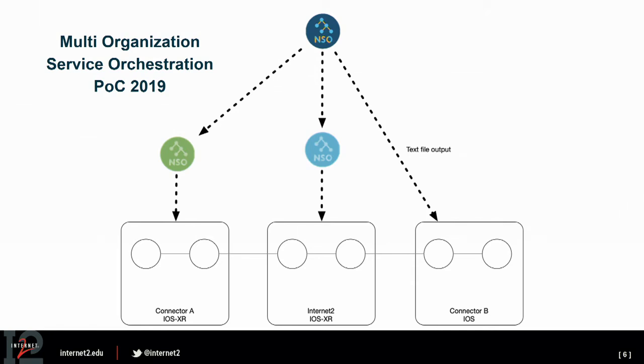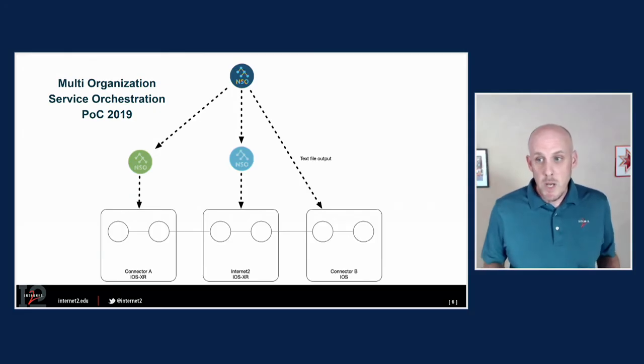Then one day in November of last year, Mike Kowal from our Cisco account team flew out to Arizona to help me, and we basically put together a proof of concept in a day that looked like this. We had 2 instances of NSO that were what you typically use as your organization's NSO instance that's actually configuring the network, and then an upper layer NSO instance that called down into those 2 instances.